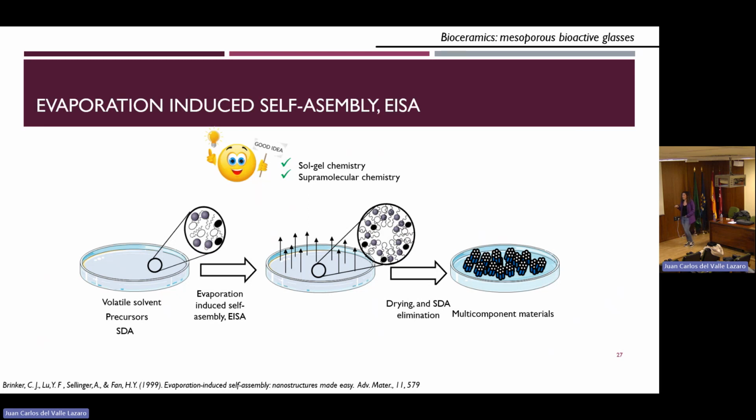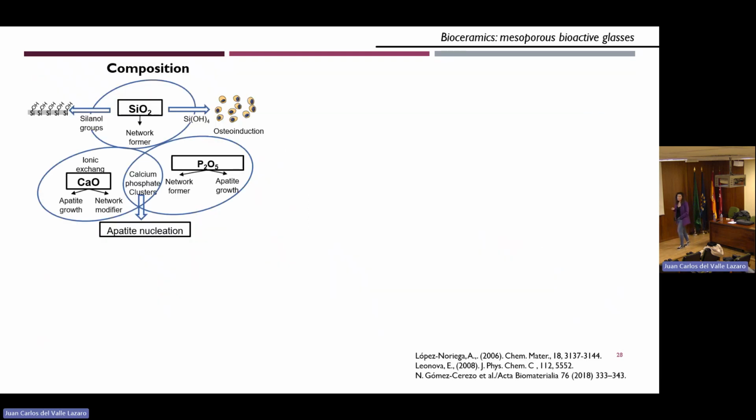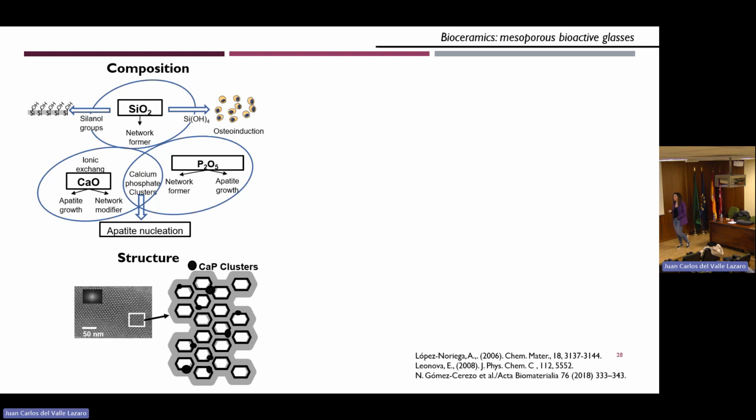Here we have control over the composition, which is mainly silica, then calcium oxide and phosphate oxide, which are going to start the apatite nucleation, and we can also control the structure.